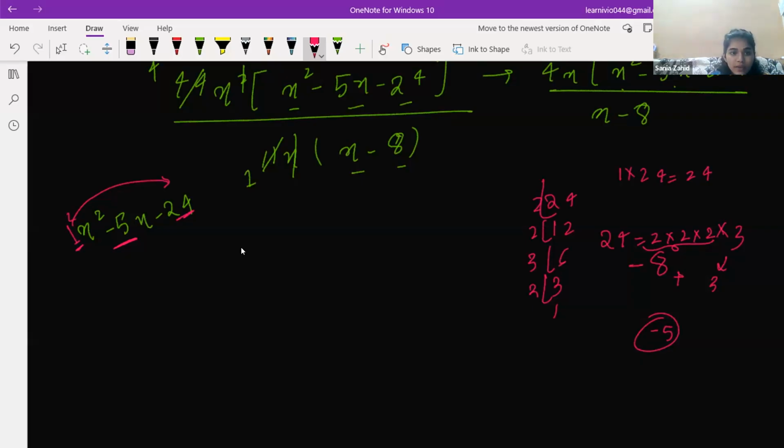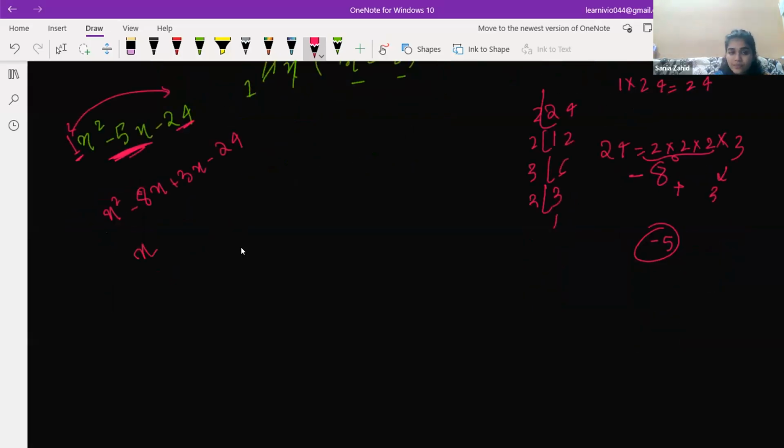So now I can write x square minus 8x plus 3x minus 24. I have split this middle term. That is why the name of the procedure is splitting the middle term. From the first two terms I take x common, and x minus 8 will be left.